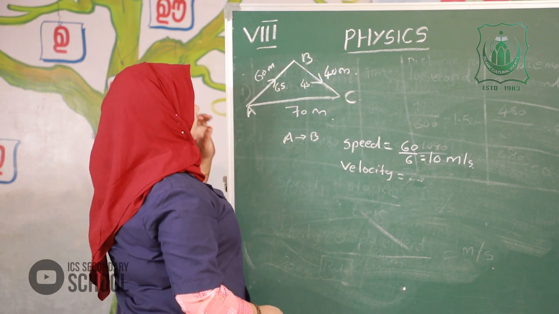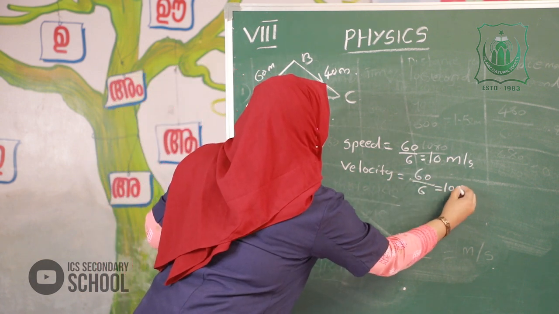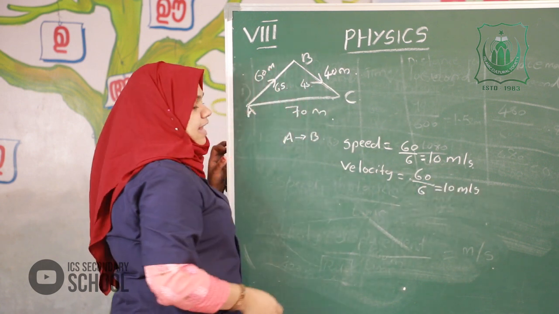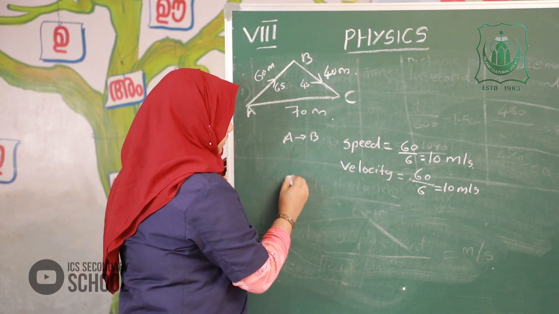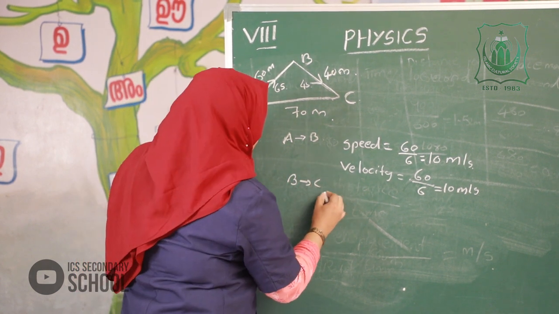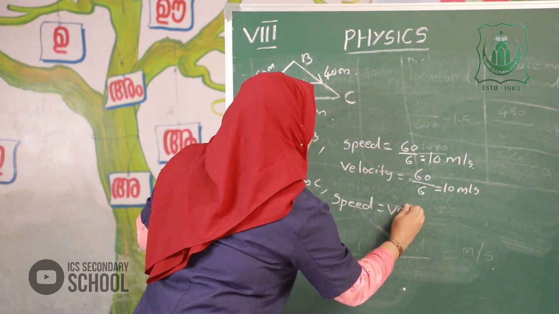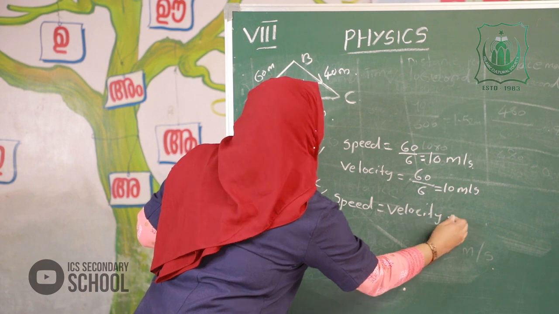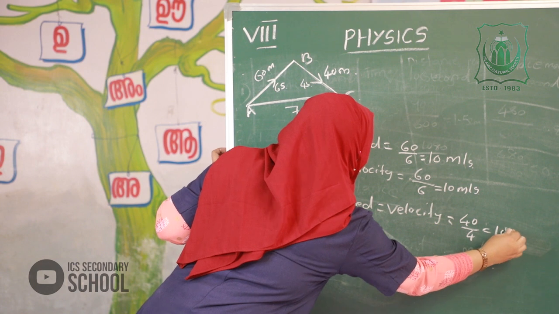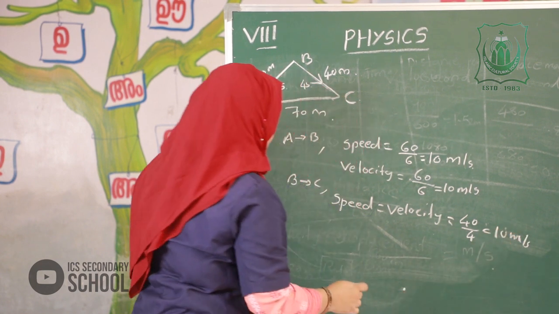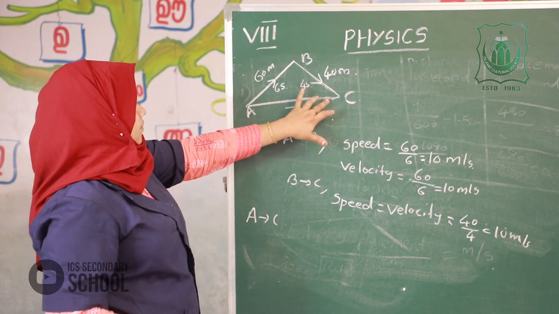Here distance and displacement are the same, so 60 by 6, 10 meter per second. But velocity has both magnitude and direction. That is the difference. From B to C, speed and velocity are the same. 40 divided by 4, what? That is also 10. But A to C, what is the speed?